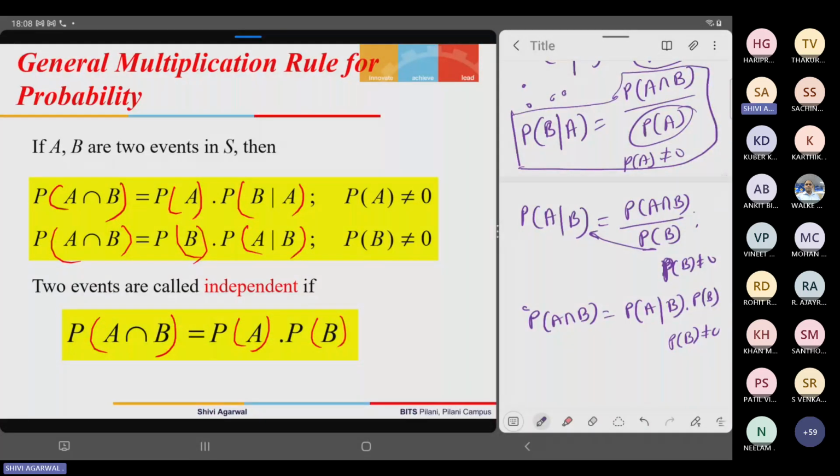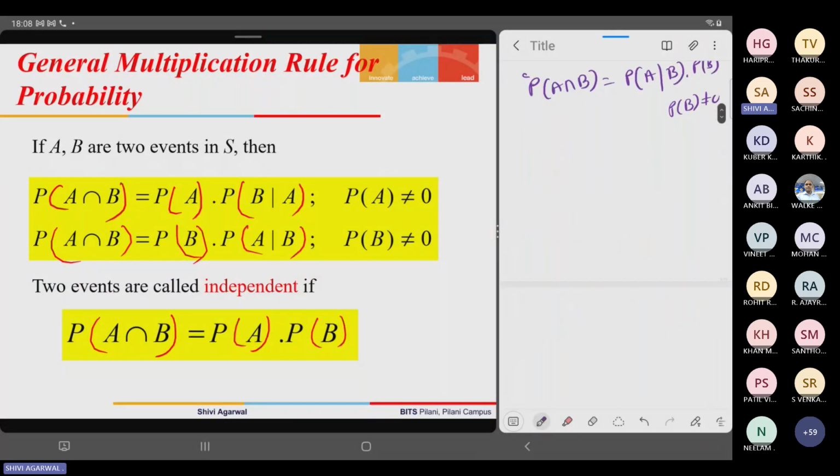Look, just a minute, I will show you that probability of A given B can be written as probability of A intersection B upon probability of B.